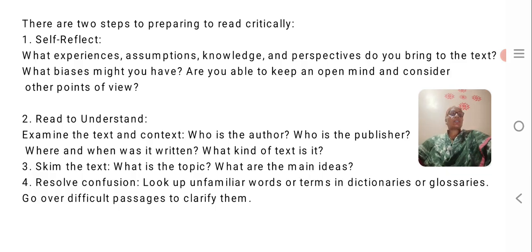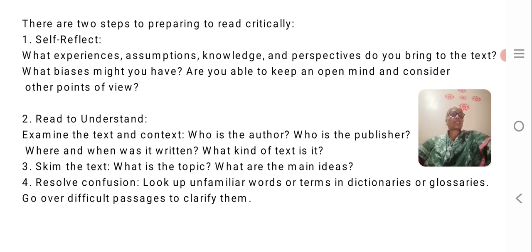The next step is to read to understand. Reading means to examine the text and the context both. Who is the author? Who is the publisher? Where and when was it written? What kind of text is it? What is the context in which the text is placed? If you ask these questions, the answers will help you to understand the text.